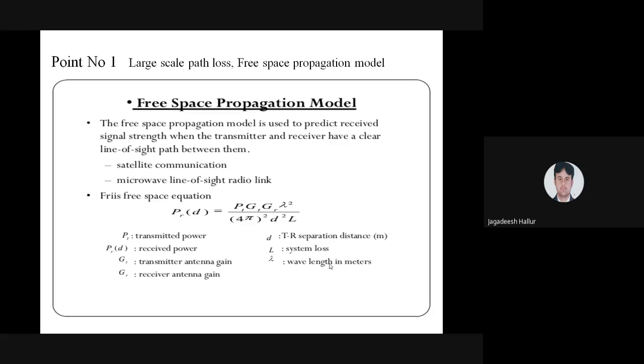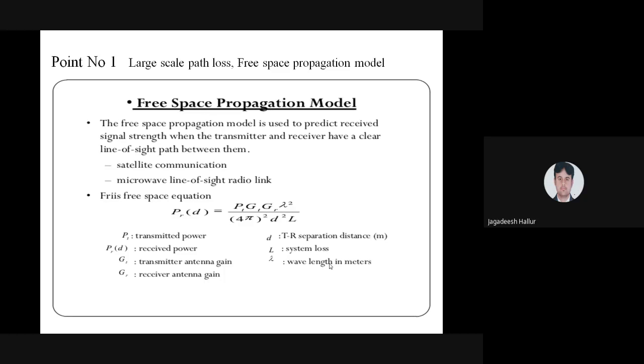The free space propagation model is used to predict the received signal strength. Whatever signal you are sending, whatever signal you are getting at the Earth station, how strong it is, how much is the performance and the efficiency of that signal, has to be calculated using this free space propagation model.